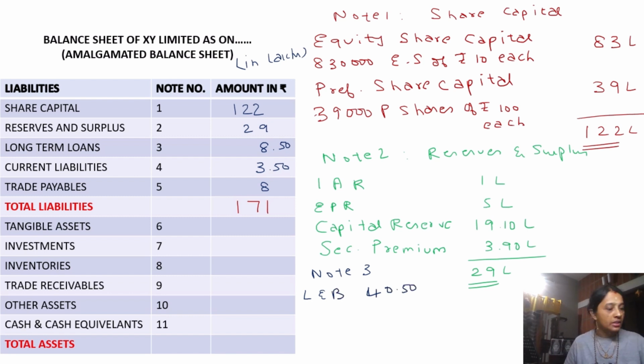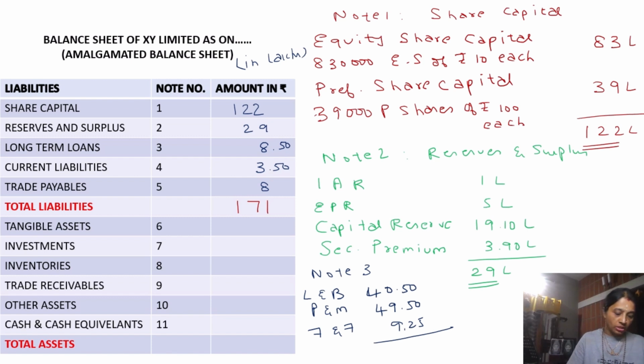Then you have plant and machinery. Plant and machinery is 49 lakhs 50,000. Then you have furniture and fixtures. Furniture and fixtures is 9 lakh 25,000. So these are the tangible assets.